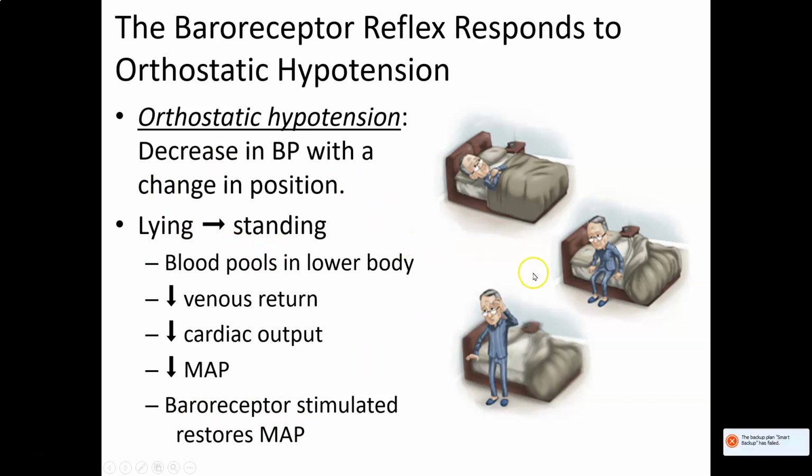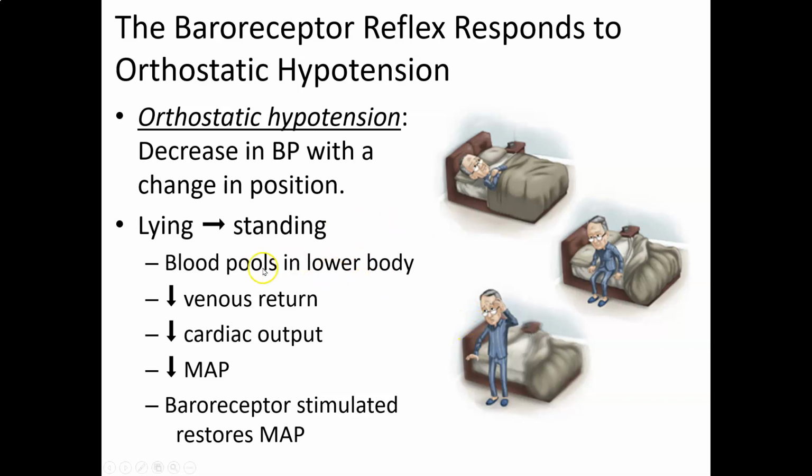One of the things that the baroreceptor responds to is what we call orthostatic hypotension. So orthostatic refers to change in position, hypo, low, right? Tension, pressure. So orthostatic hypotension is a drop in blood pressure with a change in position. As an example, if you go from a sitting or lying state to standing very quickly, that tends to drop blood pressure initially.